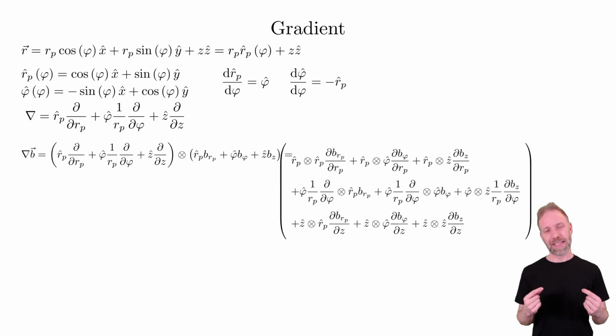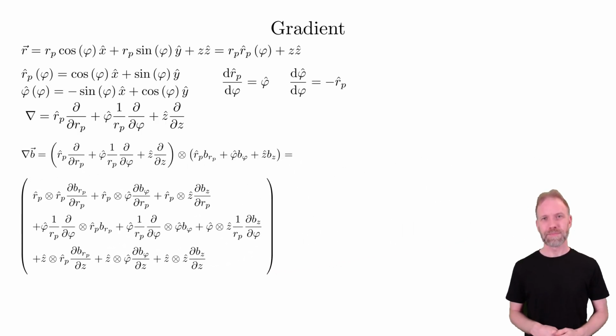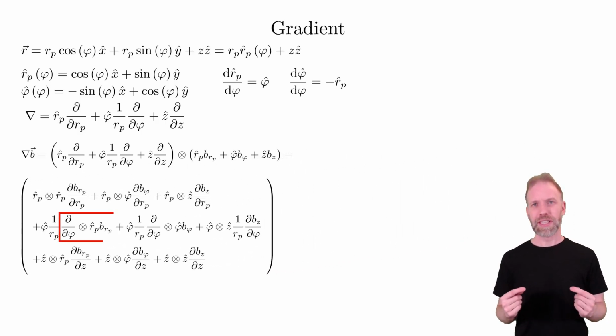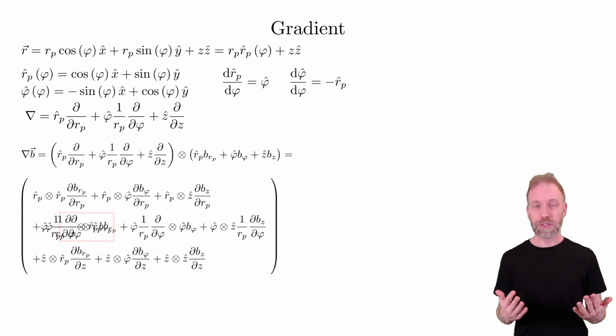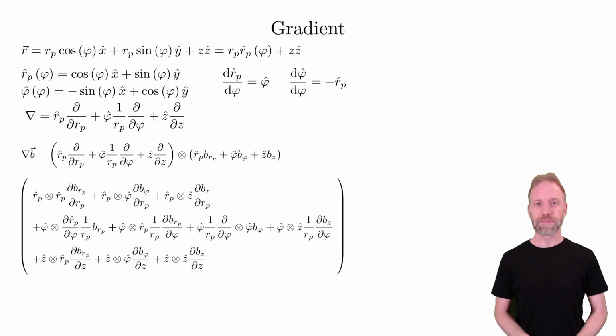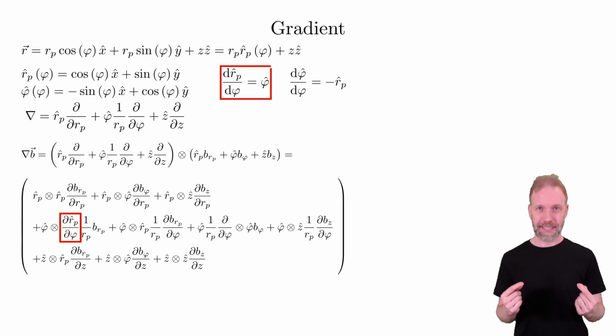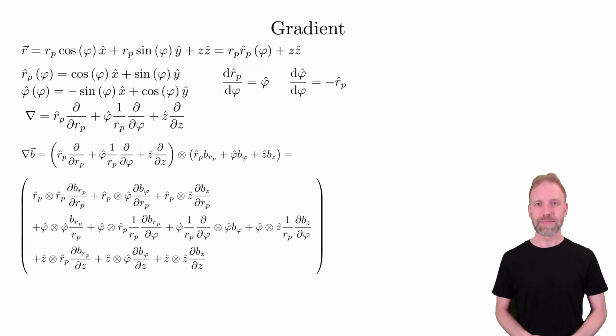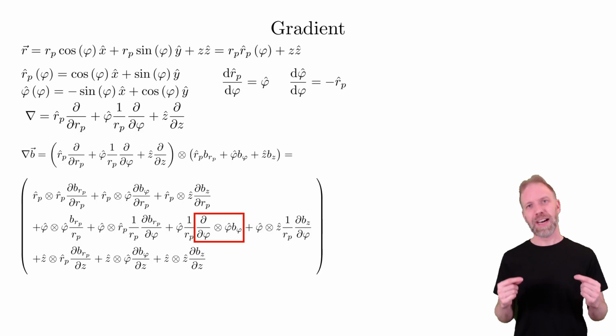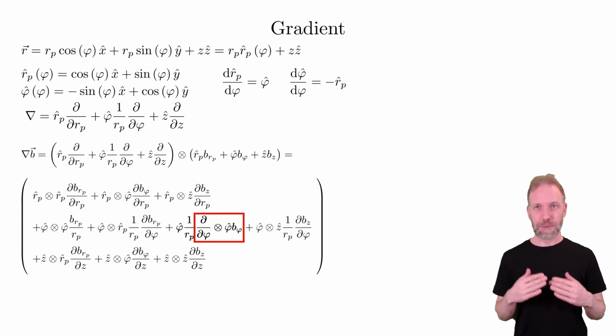Now comes the complicated ones. We know that rho hat is a function of phi, hence we need to apply the product rule here. The derivative of rho hat with respect to phi is phi hat. Again, phi hat depends on phi, and we need the product rule.